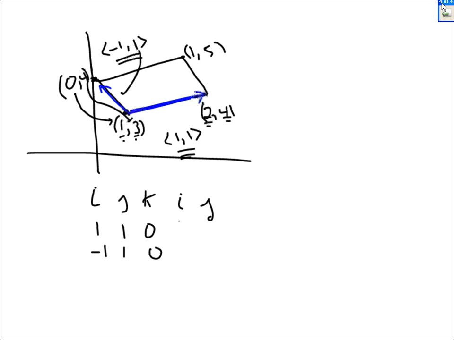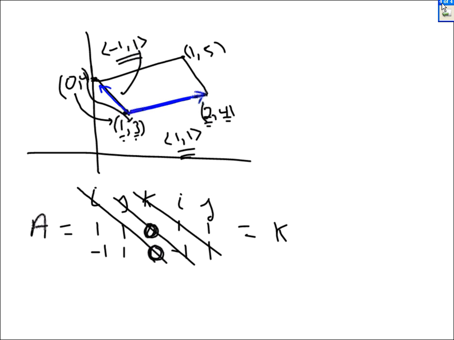Repeat the first 2 columns. Spaghetti. So the area is equal to this product, which is 0, because it is 0, plus this product, which is 0, because it is 0, plus this product, which is 1k, minus that product, which is negative 1k.